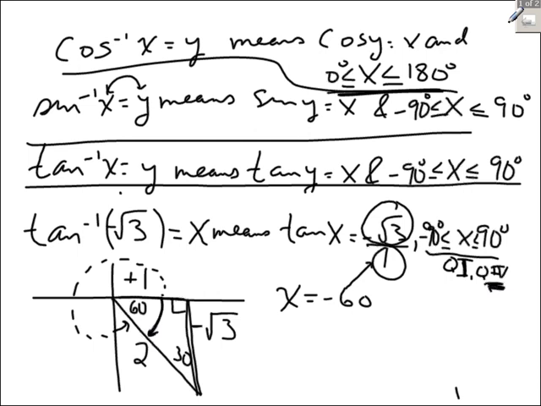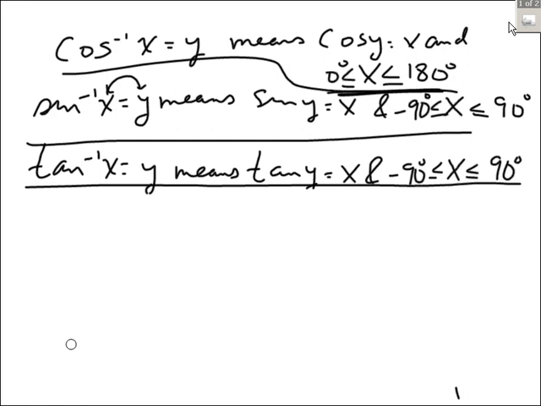But I'm not going to say 300, because 300 is not in between negative 90 and 90. You have to give the answer the way they want it. And how they want it is defined above in the definitions. The answer has to be between negative 90 and 90.